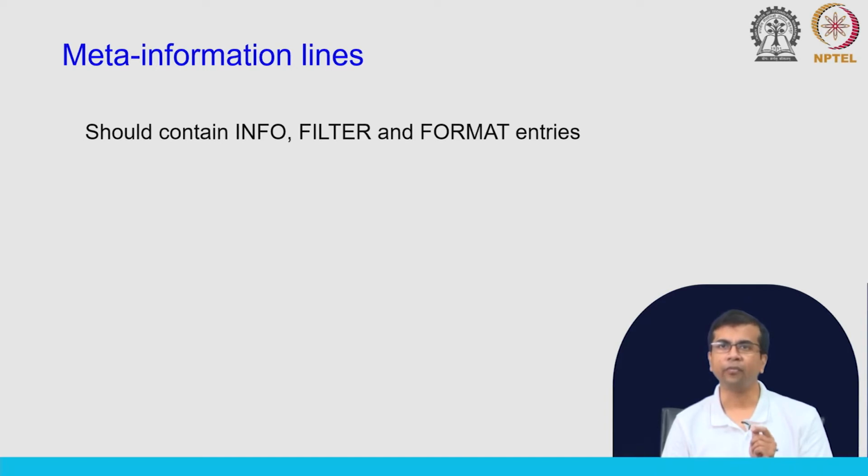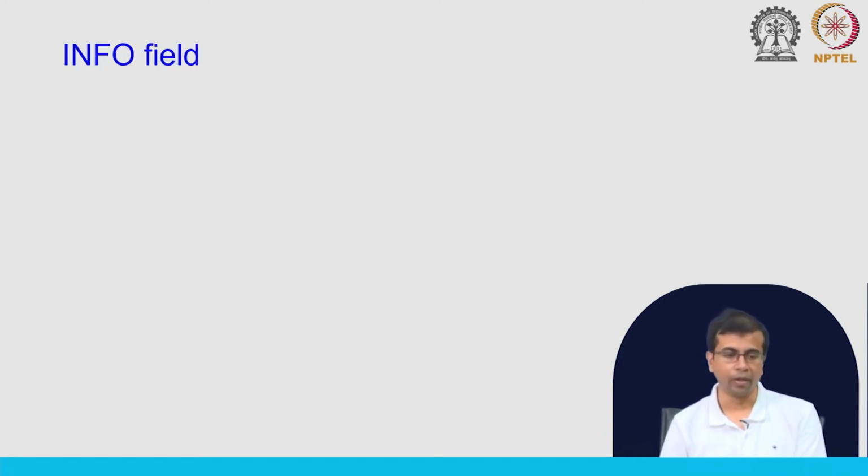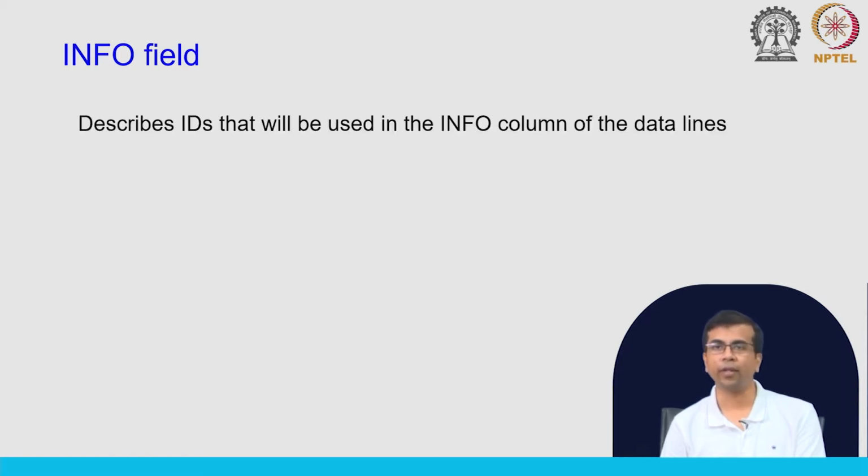We have seen INFO, FILTER and FORMAT in the data lines, and these should also be present in the meta information lines. So, let us talk about the INFO field first. In the INFO field, we will have the IDs that will be used in the INFO column of the data lines.